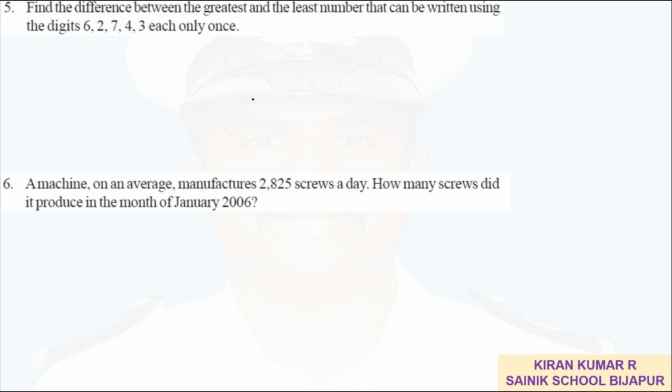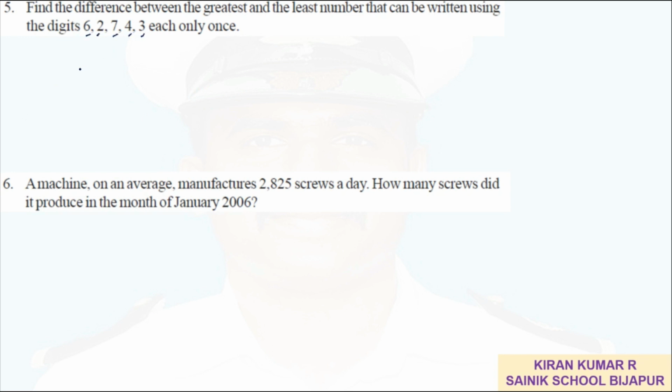Find the difference between the greatest and the least number that can be written using the digits 6, 2, 7, 4, 3 each only once. Count the number of digits here. 1, 2, 3, 4, 5.